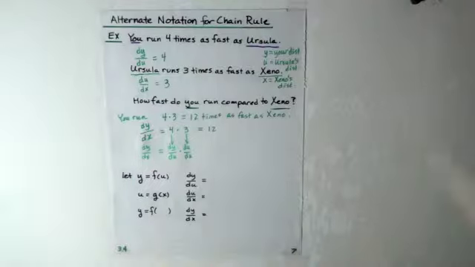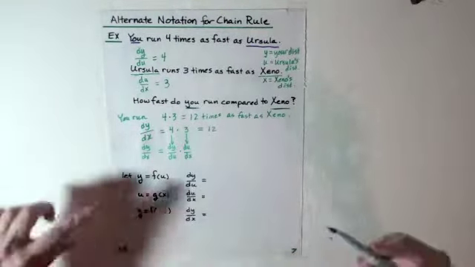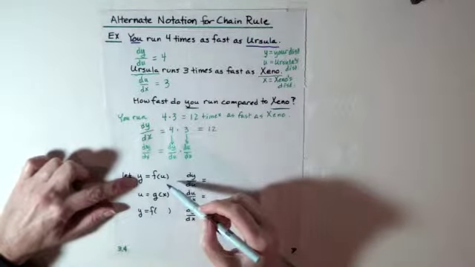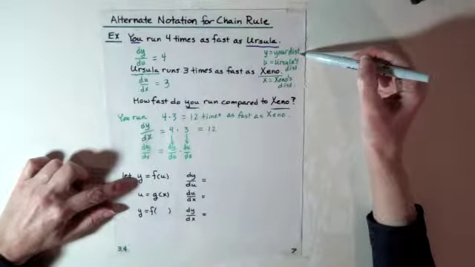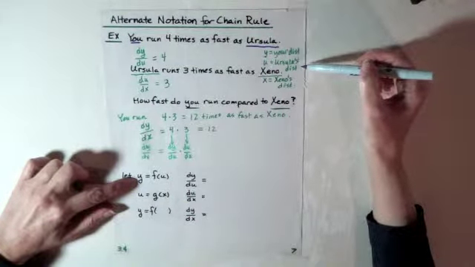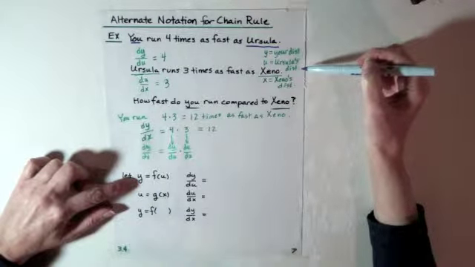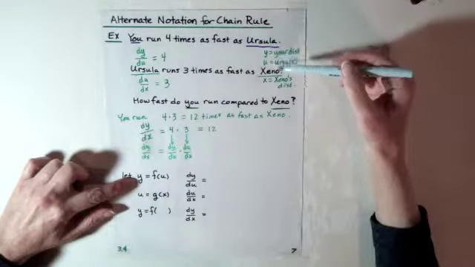Okay, now what I'd like us to do is look at what I have written down here near the bottom of the page. I said, let y equal some function of u. Well, what do I mean by that? If you think about it up here, y, remember, is your distance, u is Ursula's distance, and there's clearly a relationship between those. Maybe we don't know exactly what function y is of u, but it's some function of u.